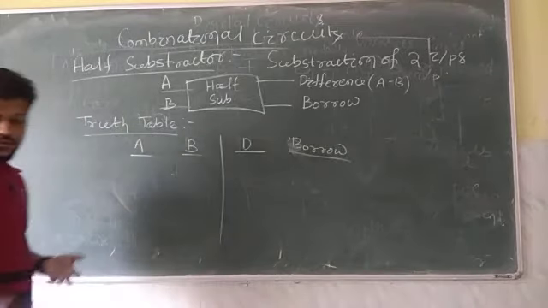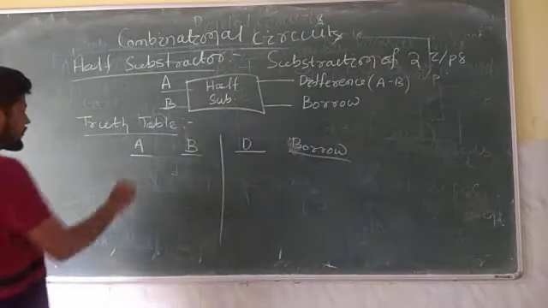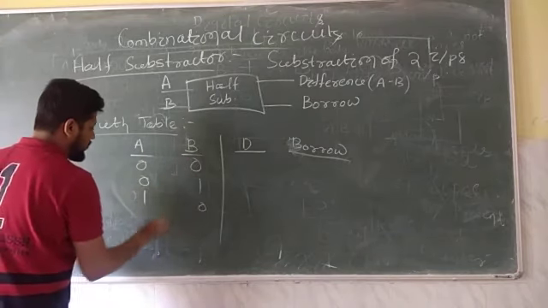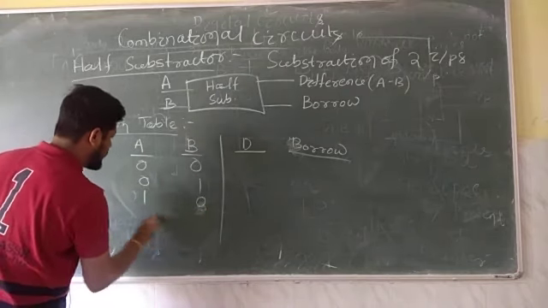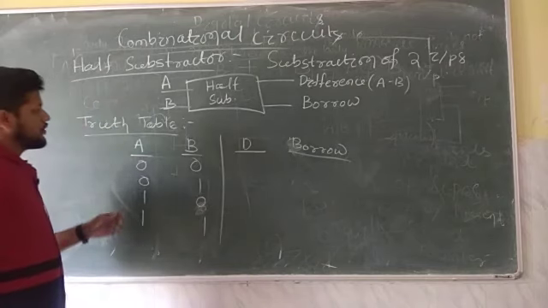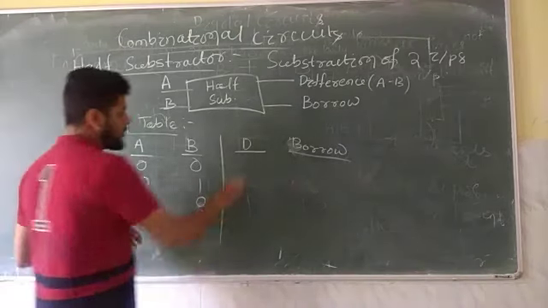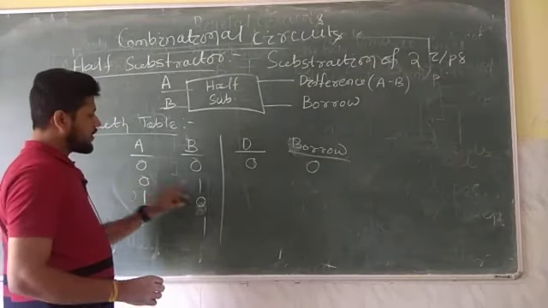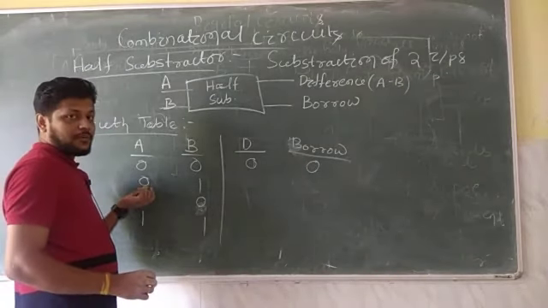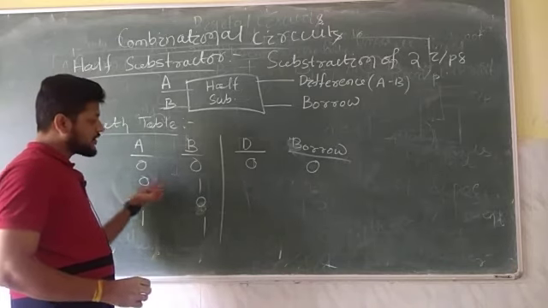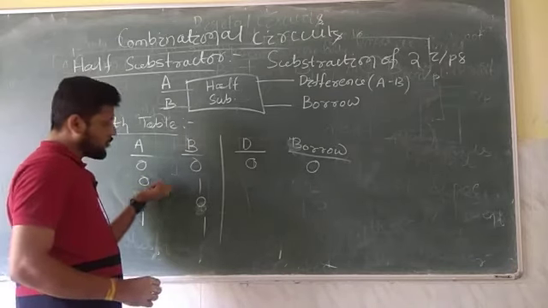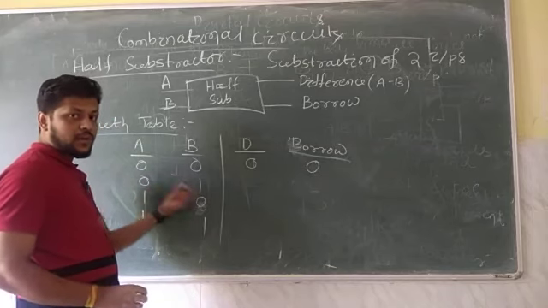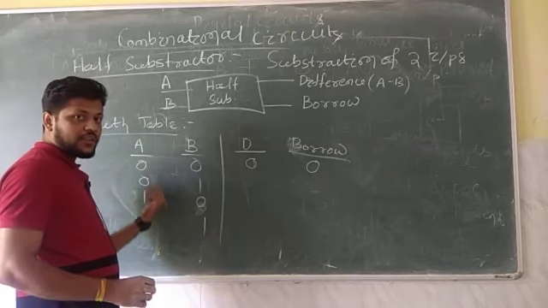So A, B, the combinations will be 0 0, 0 1, 1 0 and 1 1. So 0 minus 0, obviously difference will be 0 and borrow will be 0. 0 minus 1, here we can see A is less than 1, so we cannot subtract 1 from 0 directly, hence we need to take some borrow.